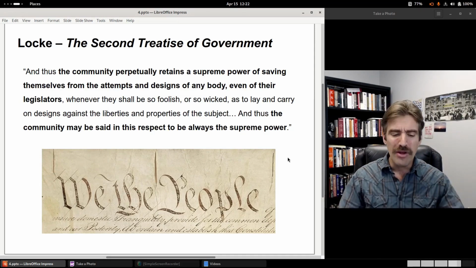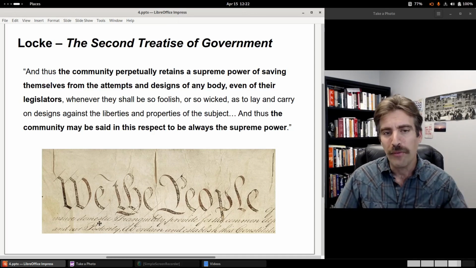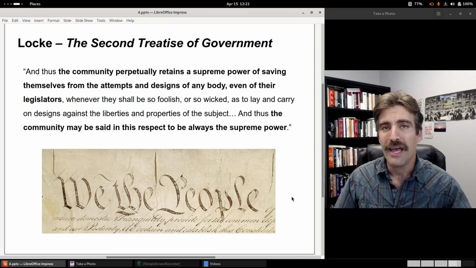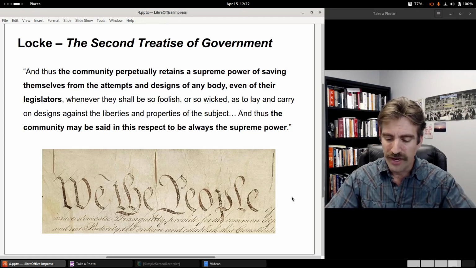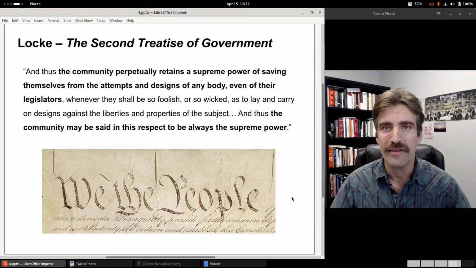This idea of the community or the people is very important in Locke and in intellectual history. It was a concept that was fairly new at the time.